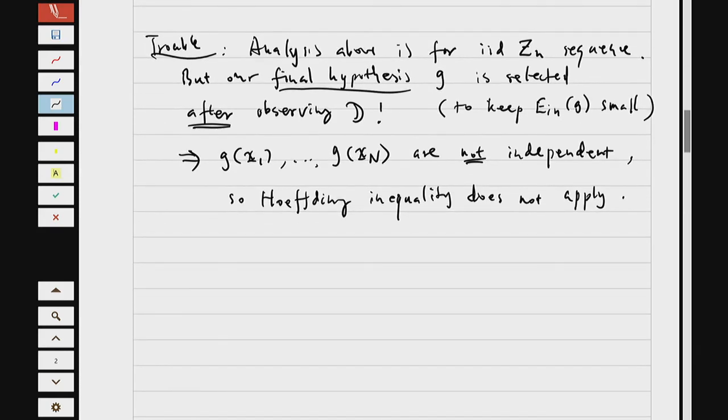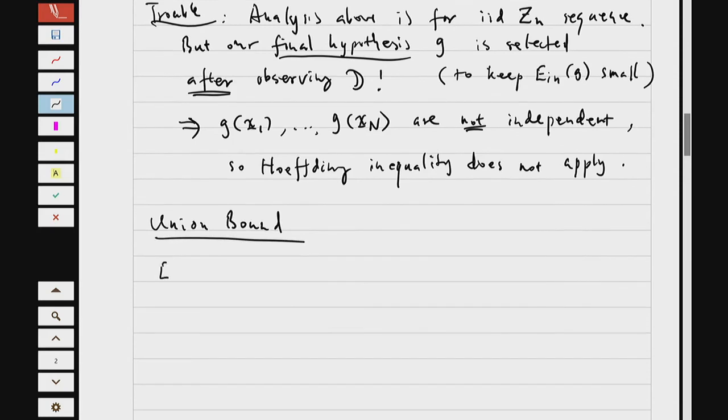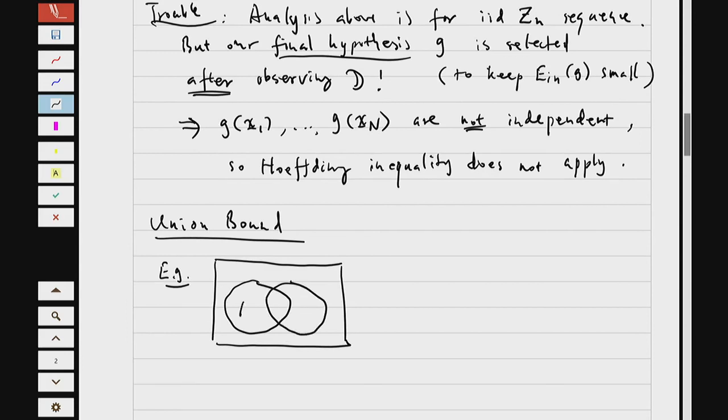Well, we can, to some extent, solve this problem by using the union bound. I hope the term rings a bell to most of you from EC302. For example, if you have two events, A and B like this, it's a Venn diagram, right?